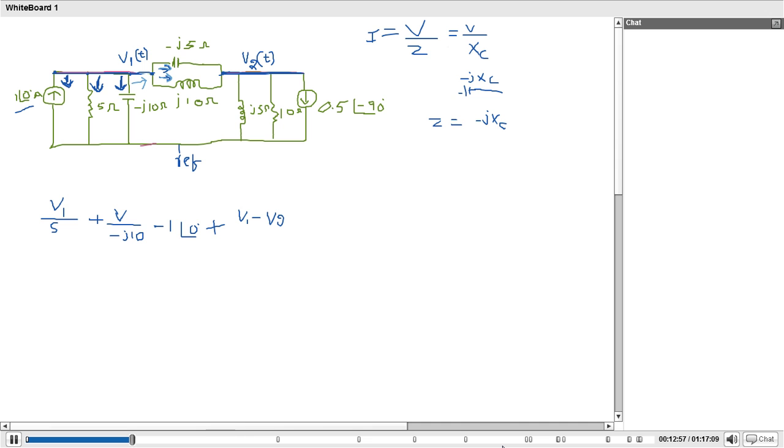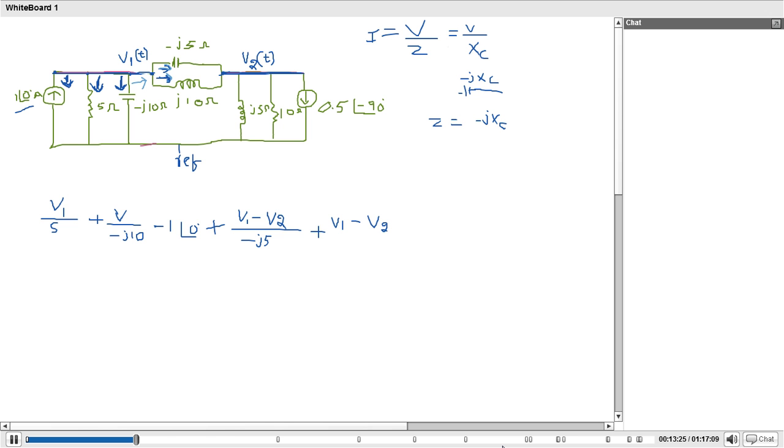So V1 minus V2 divided by capacitive reactance, minus j5. And this current is nothing but the current flowing through the j10 ohm inductor. Similarly, since the current is leaving V1 and entering V2, V1 acts as the higher potential. That's why V1 minus V2.